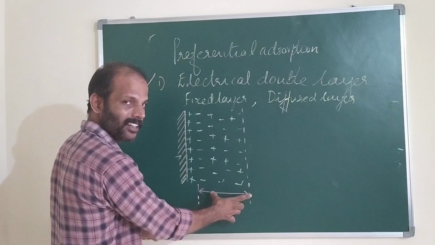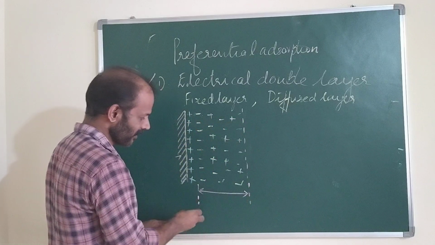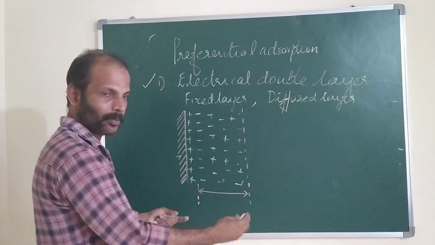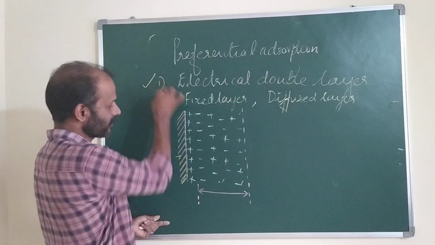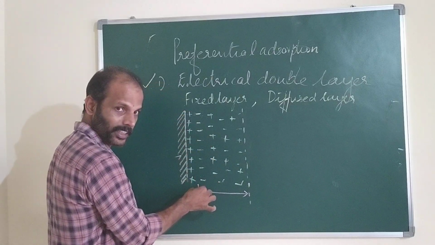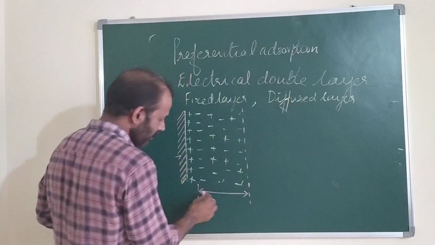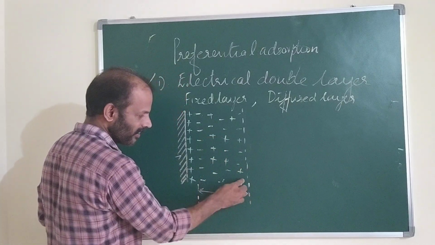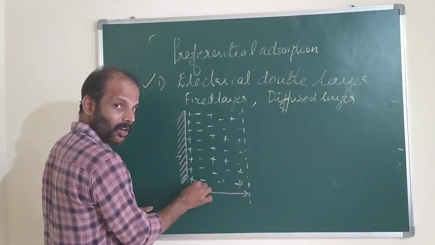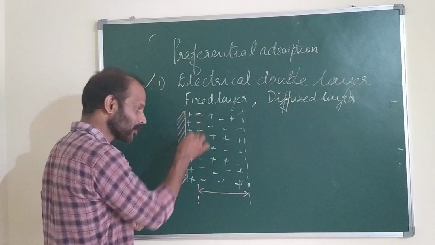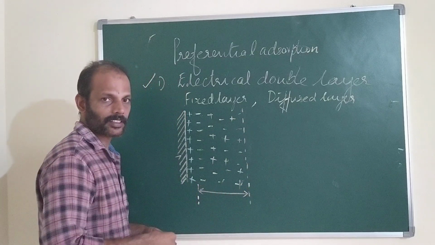So there is a potential between these two boundaries, that is, the potential created between the layer just immediate to the fixed layer, that is our Stern layer, and the boundary of the Gouy-Chapman layer, or the potential created between the layer of closest approach to the fixed layer and the boundary of the diffused layer.